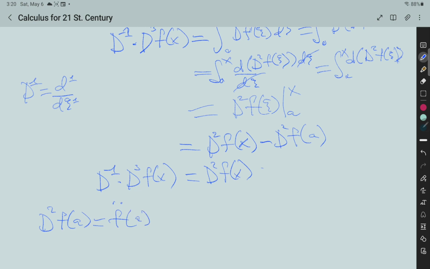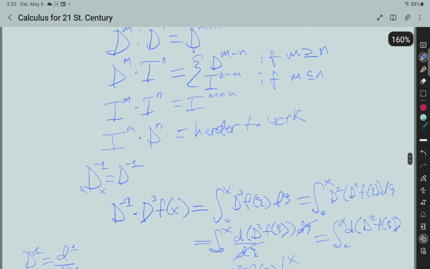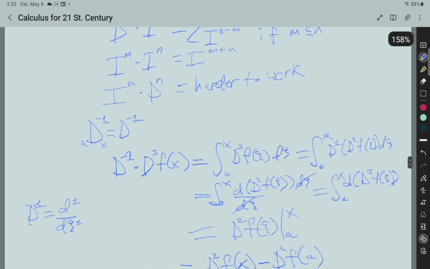Okay, so this is minus f double dot a. Okay. So I'm going to box this. So which equation is this? 10.